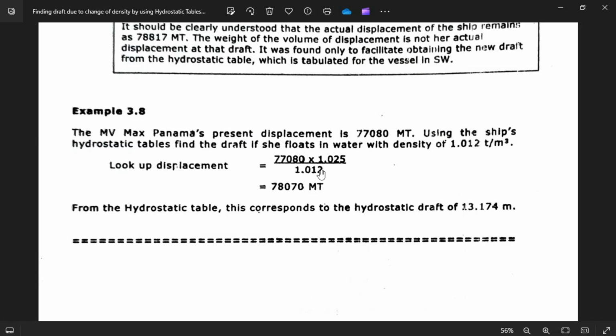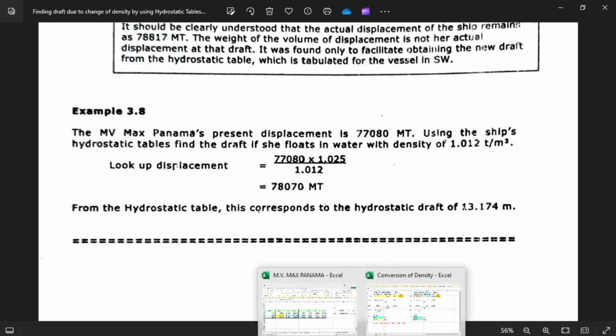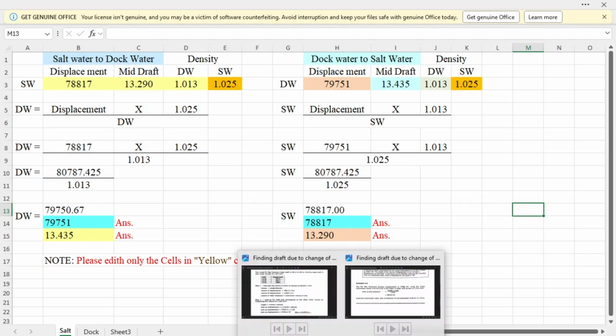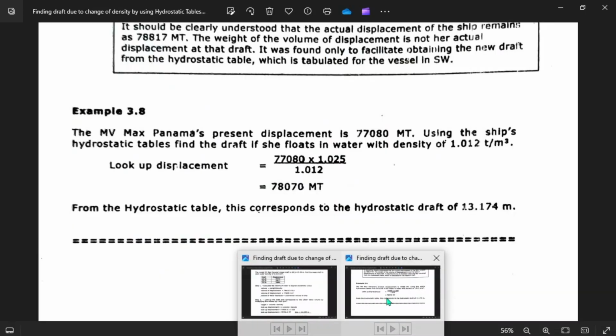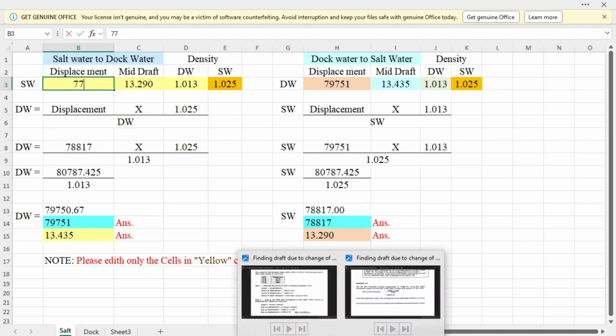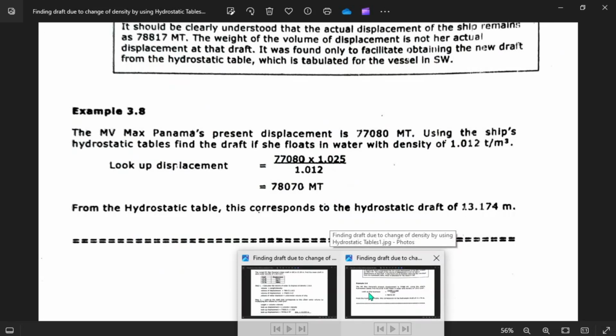So I'll just use my formula, guys. So the salt water displacement is how much, guys? 77080. Let me check again to make sure.